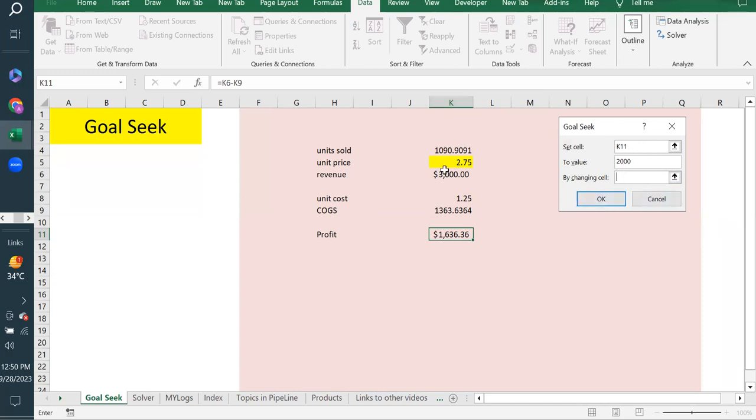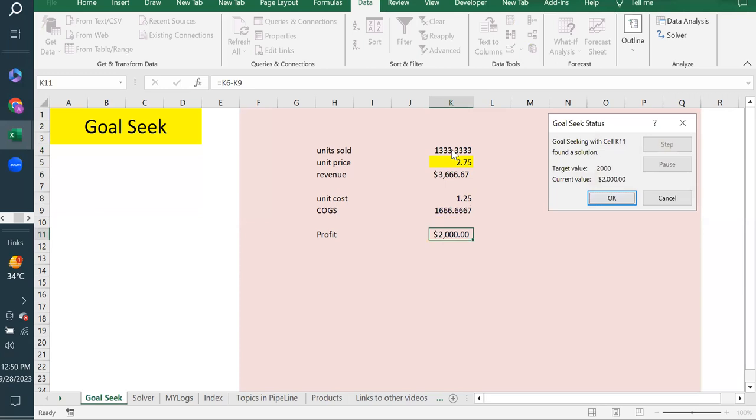And by changing your sales, ceteris paribus, meaning keeping all the other factors unchanged, right? So when you click here, you've got to sell 1,333 units with this unit price and unit cost in order to get the profit of $2,000.